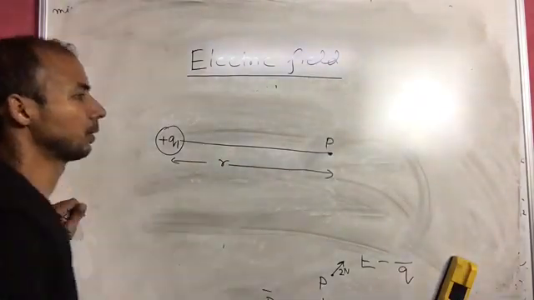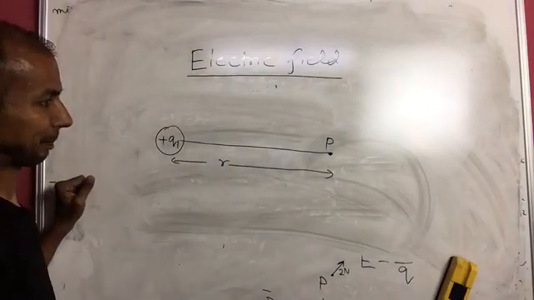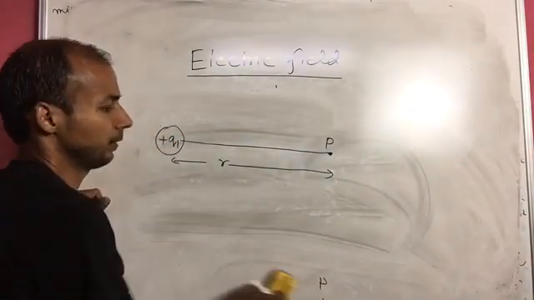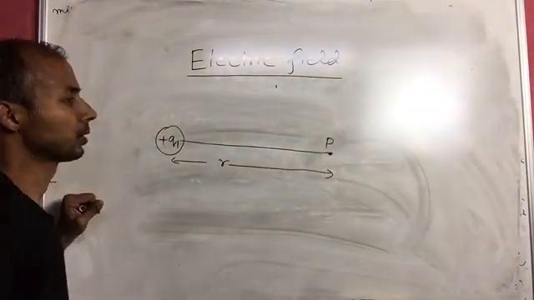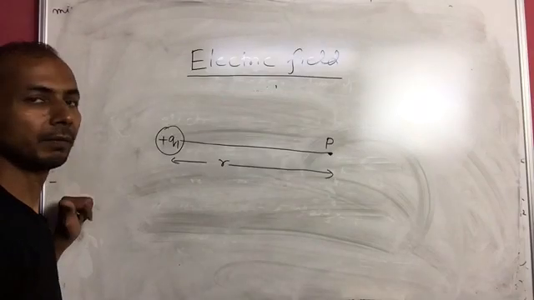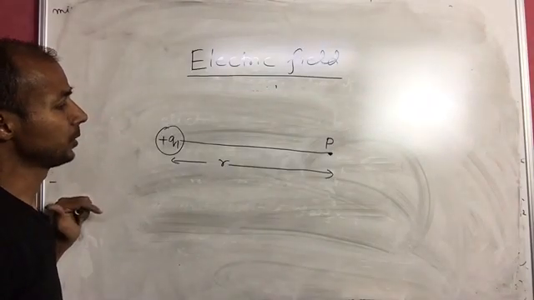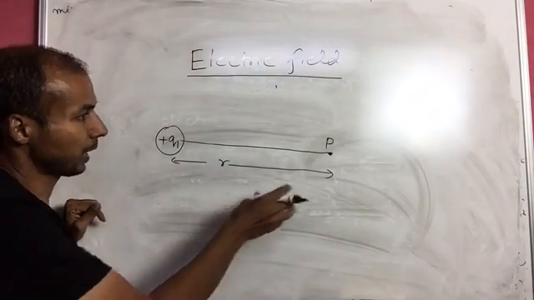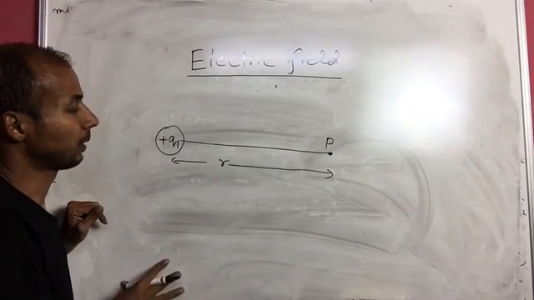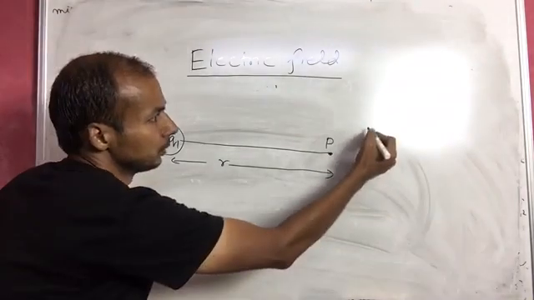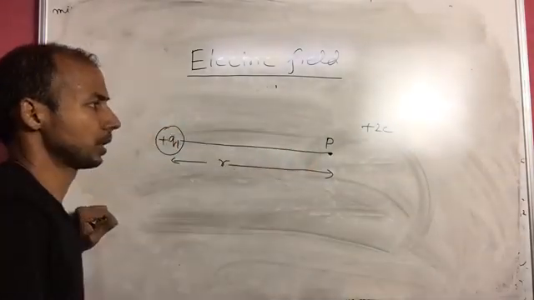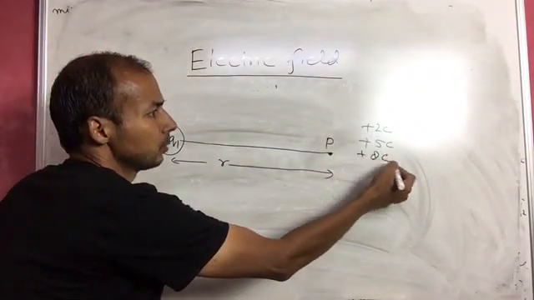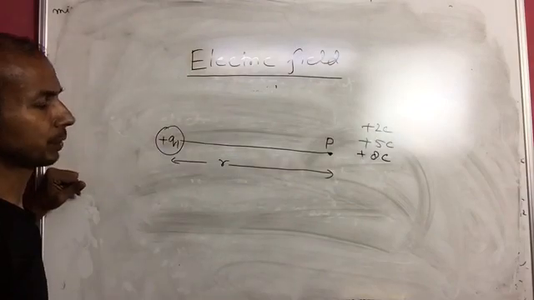There's a point P, you want to calculate the value of electric field at point P. So value of electric field at point P is that if you put a unit positive charge at point P, how much force is acting on that, that is the value of electric field at point P. Okay, suppose you are interested in what is the electric force acting at point P. So suppose if I put a plus 2 coulomb charge at point P, how much electric force is acting? Suppose if I put plus 5 coulomb charge at point P, how much force is acting? Plus 8 coulomb charge at point P, how much force is acting?